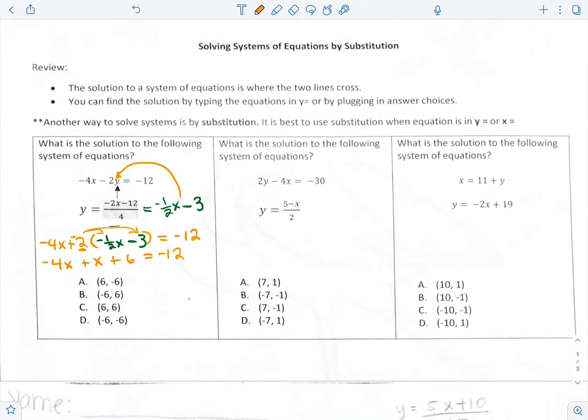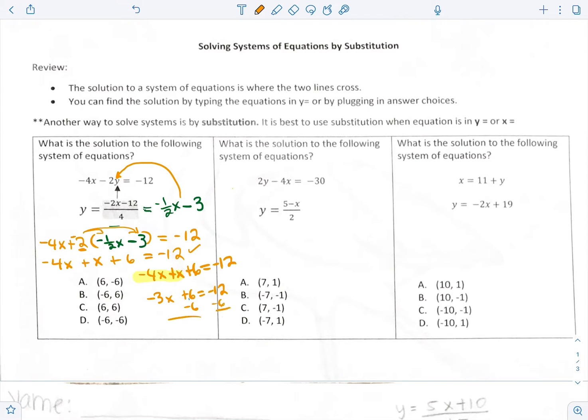From here, we're going to simplify and solve for x like we know how. So that's negative 4x plus 6 equals negative 12. I rewrote it just so that this can all be in alignment. Negative 4x plus x is negative 3x, and then bring down our plus 6 equals negative 12.